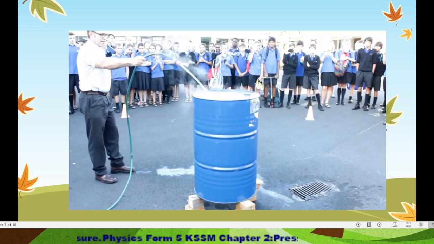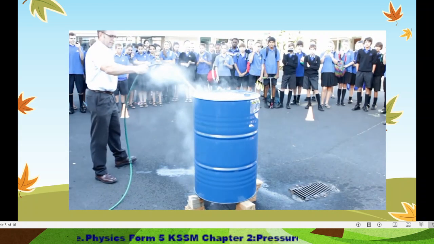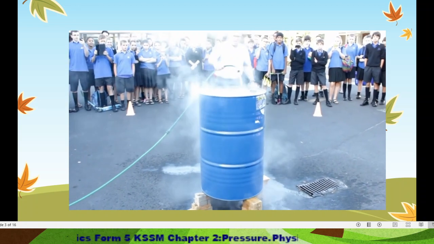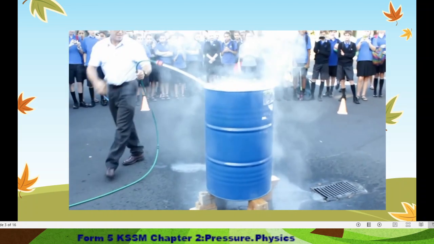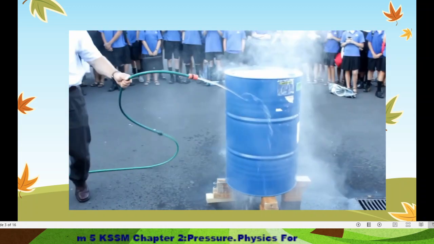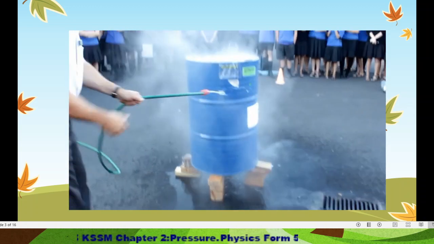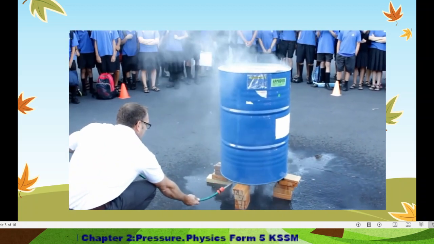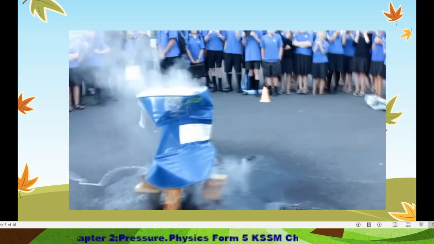So what happens is the steam will be cooled down, thus changing back to water by the process of condensation. This will cause collisions between molecules of steam and the wall of the can to decrease, so the pressure decreases.